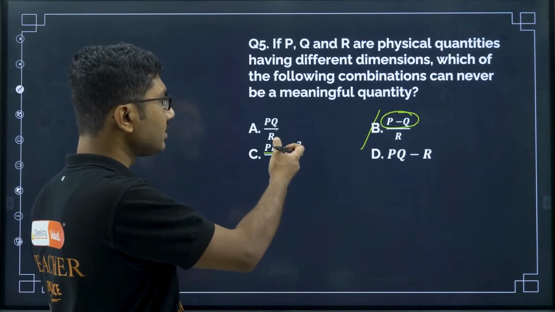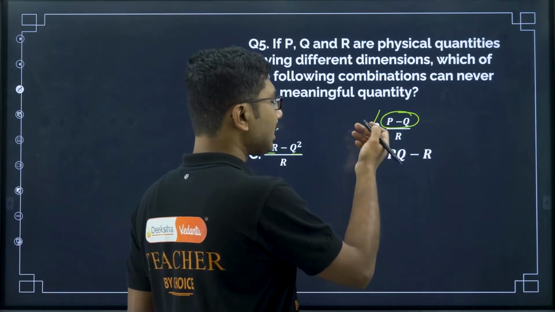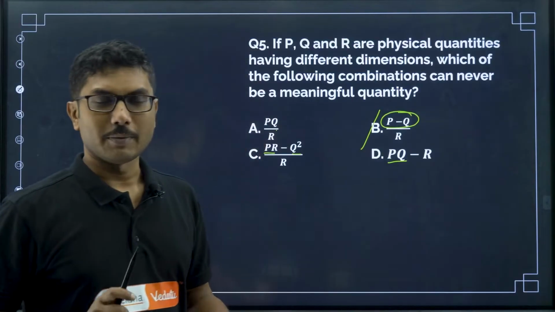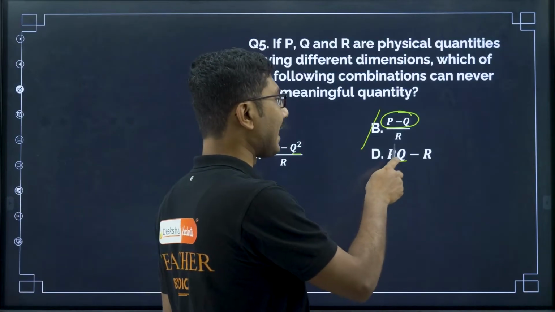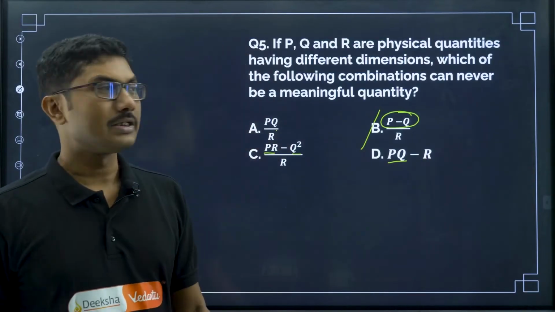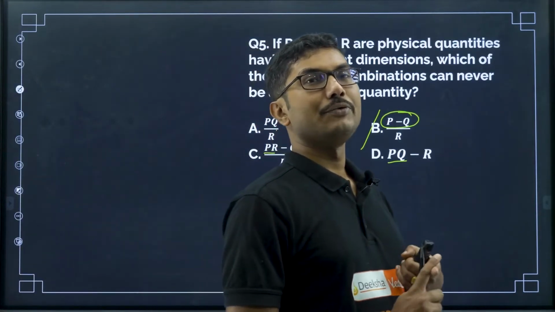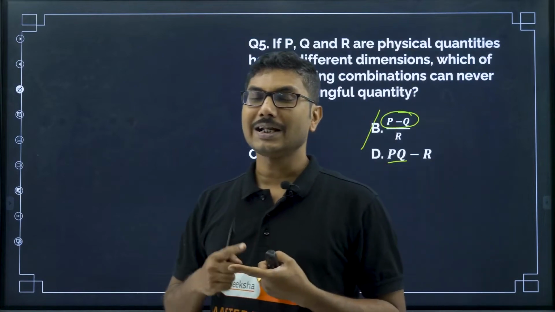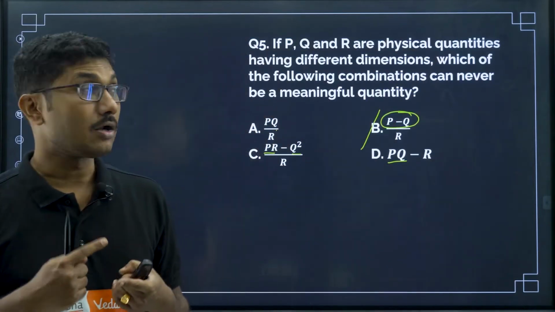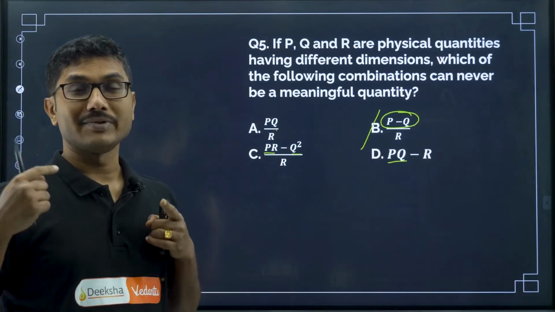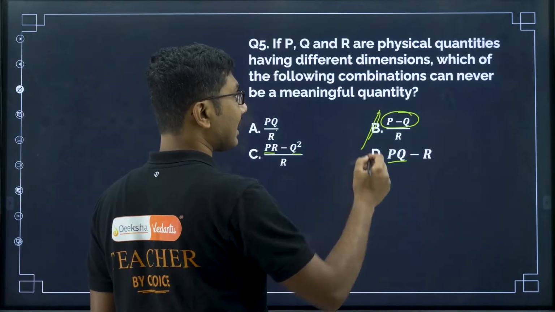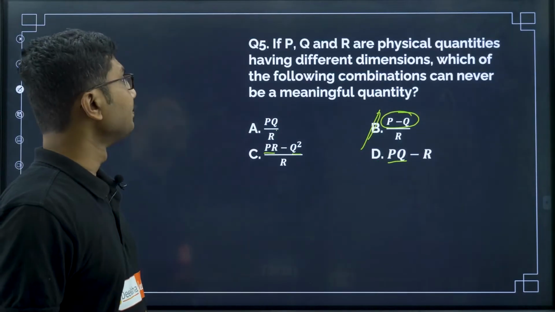So this is also possible. Similarly here, the first step is multiplying, so this quantity can have the same dimension as R, because even though they have different dimensions, multiplying two quantities will give you a new dimension. But addition and subtraction should be done only when they all have the same dimension, right? So the correct answer is option B.